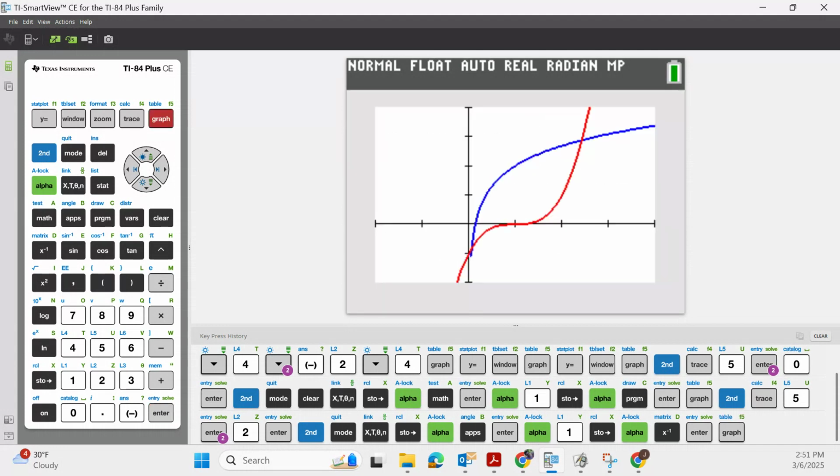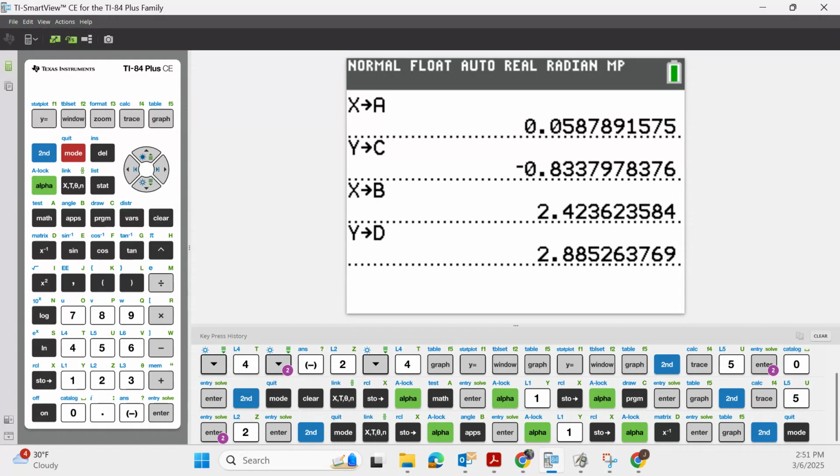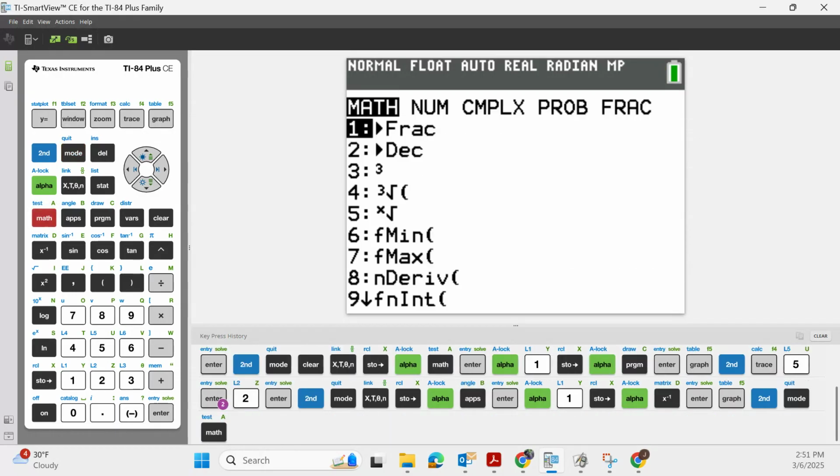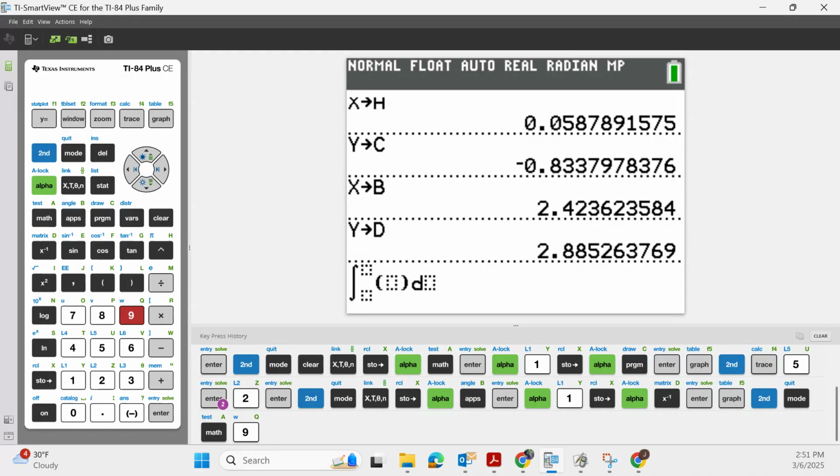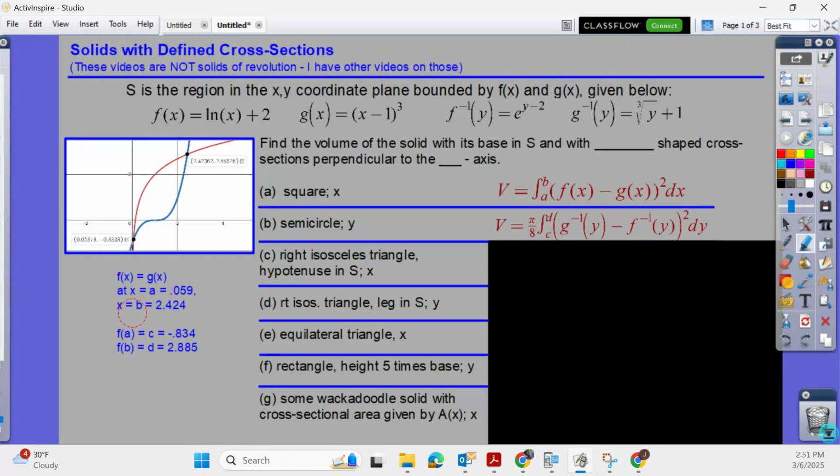So what I'm going to do is on this main screen, I'm going to do that integral. If you go to the Math menu on the TI-84, it's choice 9 here. Math 9 gets this integral. And I want to go from A to B for that first one, right? If we look back at our work here, in A, the squares perpendicular to the x-axis, I want the integral from A to B of f of x minus g of x squared.